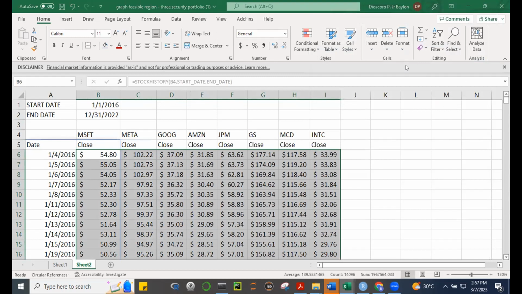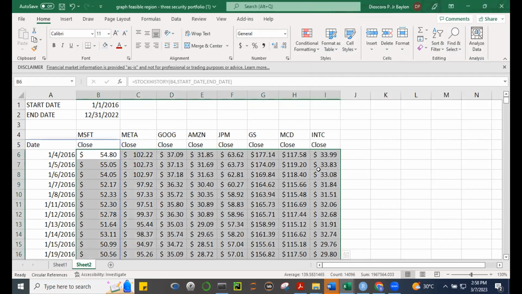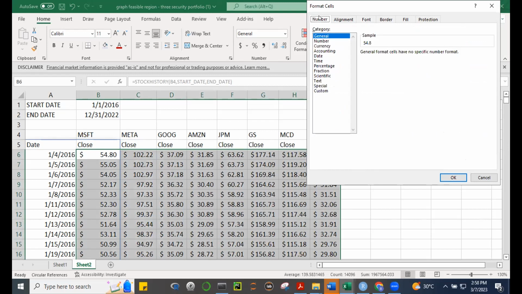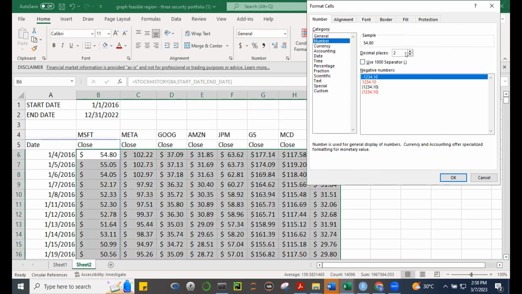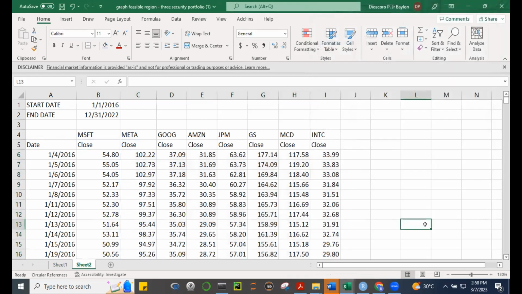I can't access my number. Okay, I remove the dollar sign.